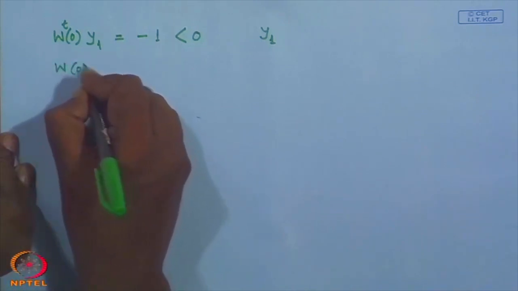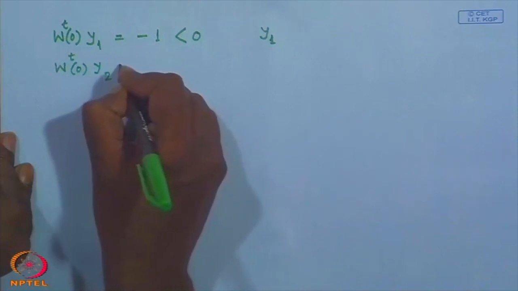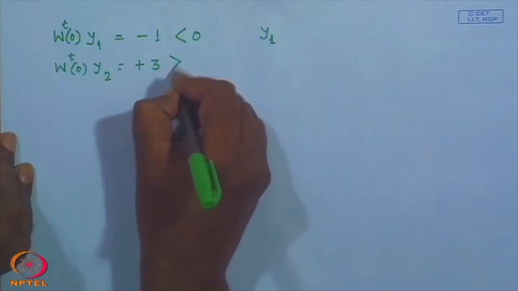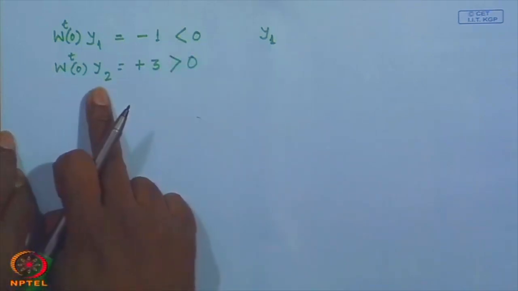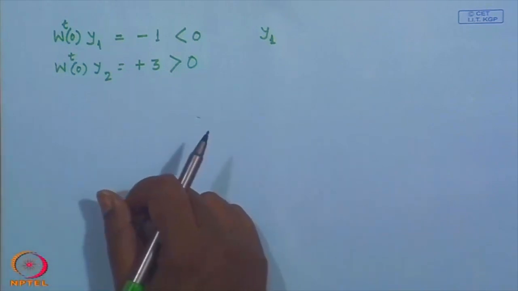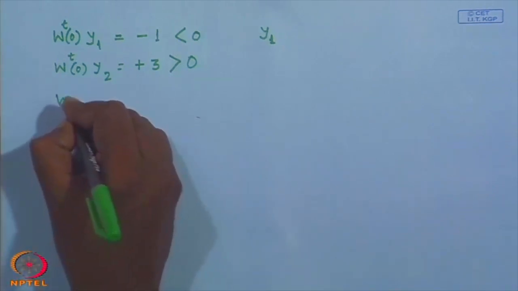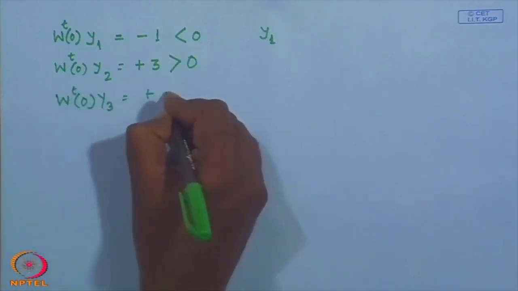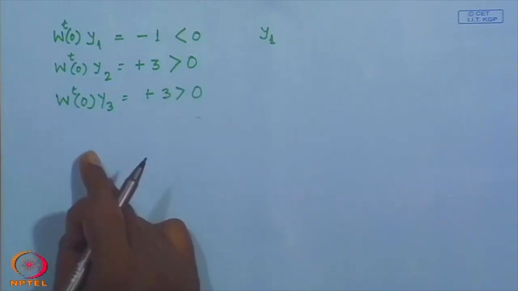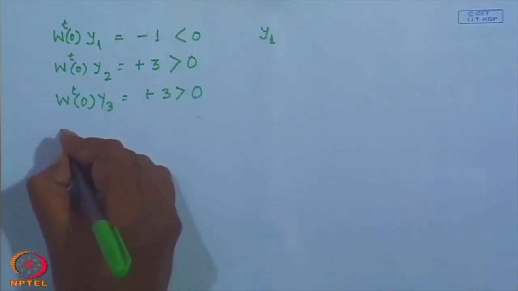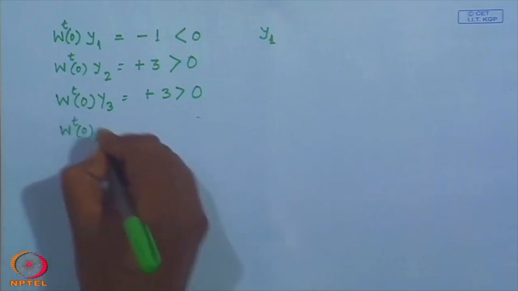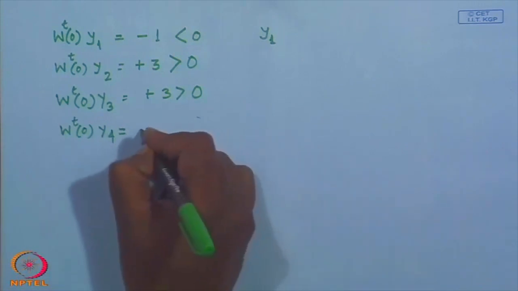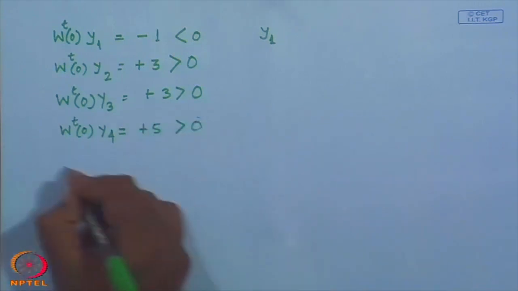W0 transpose y2 is plus 3, as we have just seen, which is greater than 0. So I do not consider y2 for modification of the weight vector. Similarly, W0 transpose y3 is also plus 3, greater than 0, so I do not have to consider y3. W0 transpose y4 will come out to be plus 5, again greater than 0. W0 transpose y5 will be 4, which is again greater than 0.